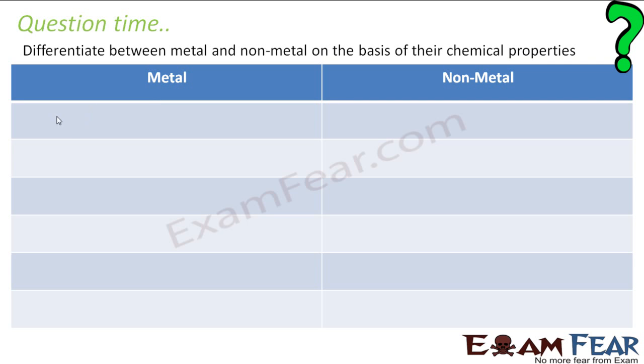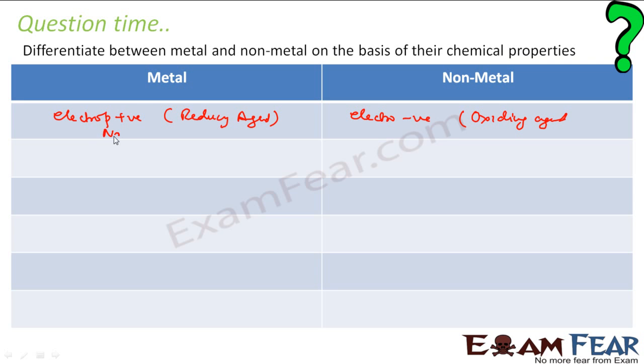So the first difference is metals are electropositive and non-metals are electronegative. That means they are reducing agents and these are oxidizing agents.